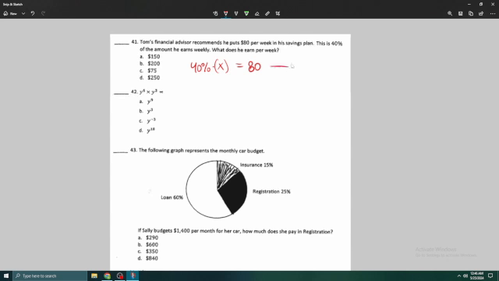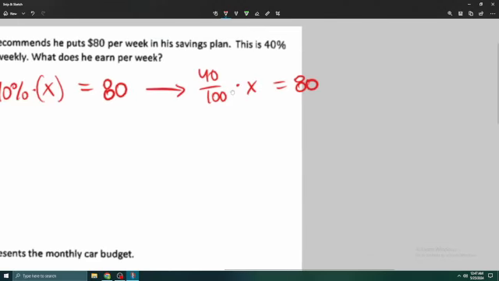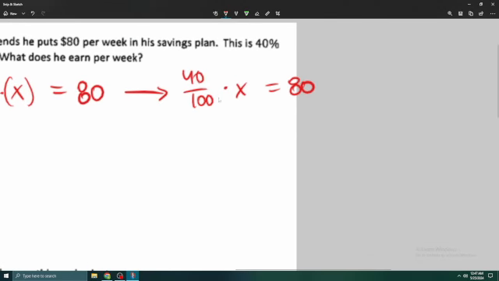So think of 40% as 40 out of 100 times X. Now we have a pretty straightforward algebra problem. Let me simplify this fraction to make it even easier. All right, so that's 40% right here. I'm going to cross off some zeros. I can divide both of these by 2.